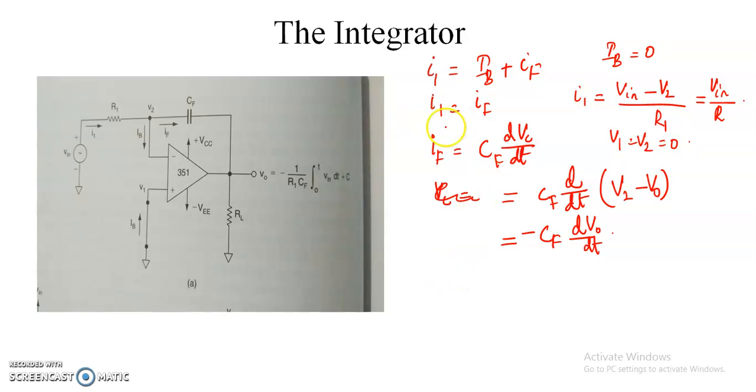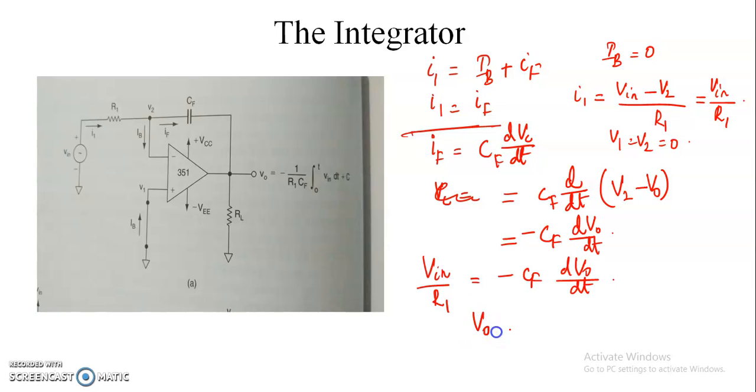We can substitute the values of I1 and IF in the equation. So we obtain Vin by R1 equal to minus CF dVO by dt. We will obtain the output voltage by integrating this equation.